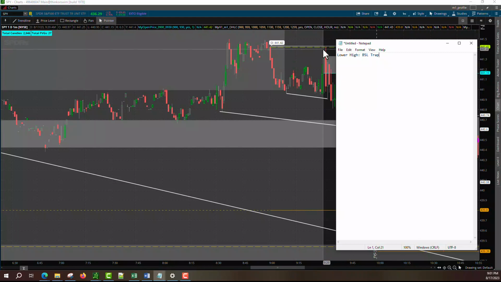Then boom, I saw it make another lower high, which is a buy side liquidity trap, and it came down and took the sell side liquidity, which was raided, which is our requirement to go long. In order to go long, the first thing we have to make sure is that it has a sell side liquidity taken, and it did.